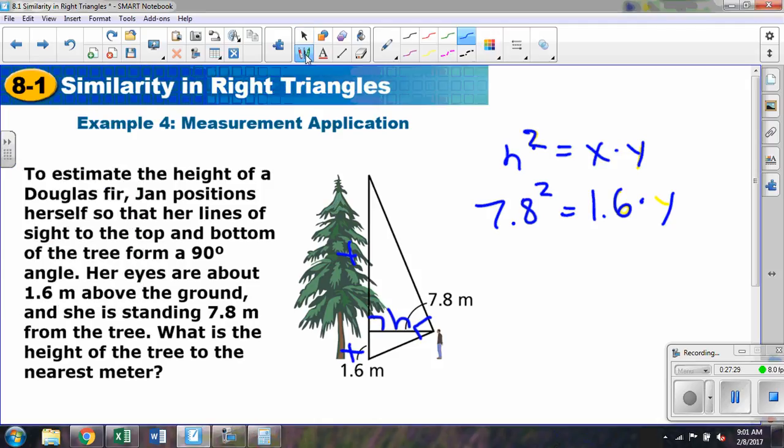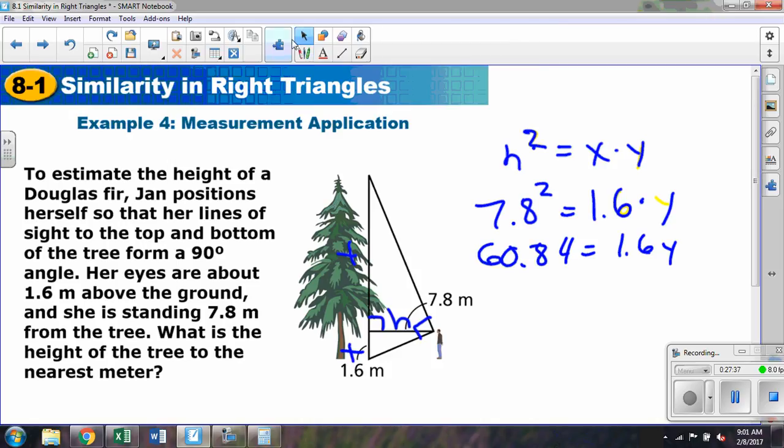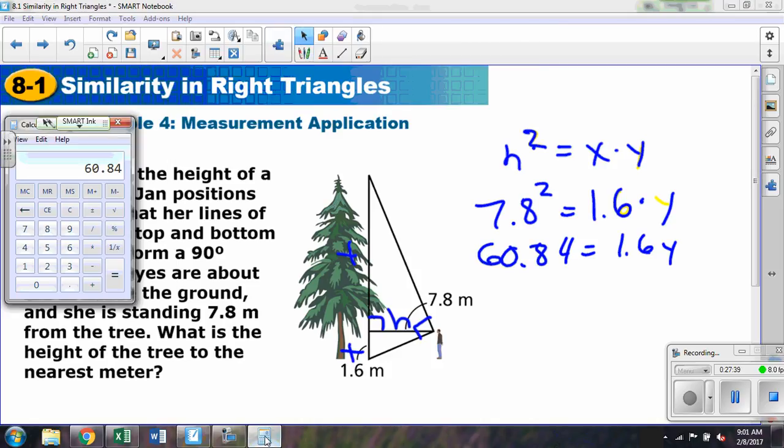Okay, 60.84 equals 1.6 times y. Of course, after that, we have to divide by 1.6. So divide by 1.6. And that's 38. Rounding it to the nearest whole meter, we've got 38.025.